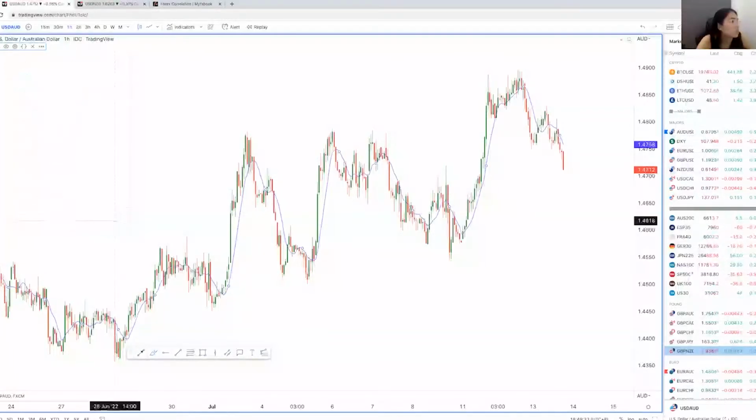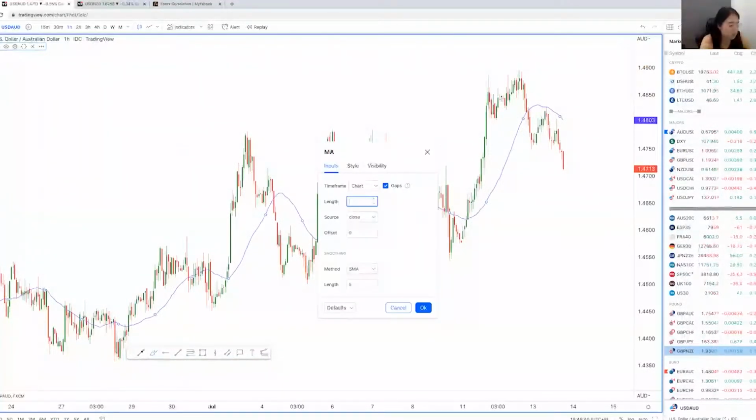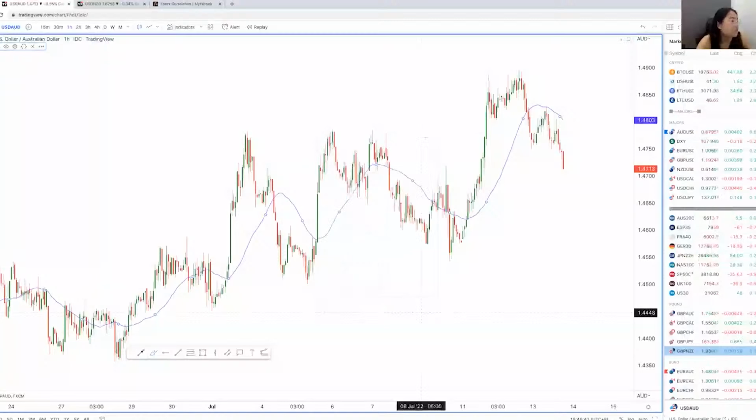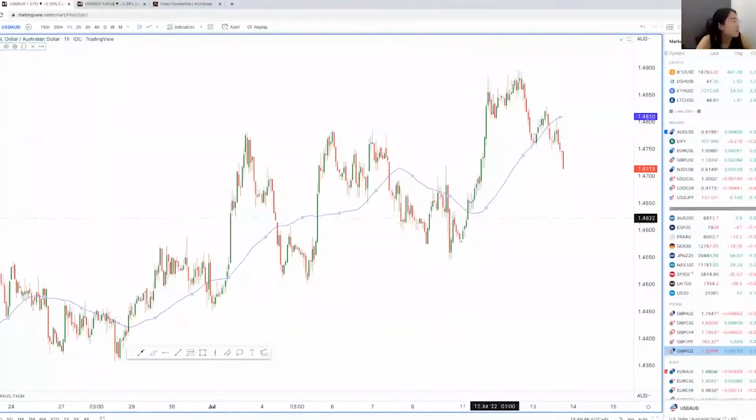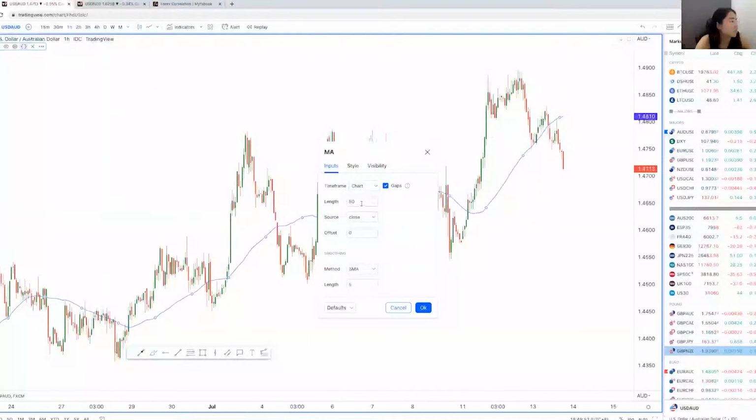So let's try the 32. 32 is not a good one. 50. I think 50 will not work. Let's try 61.